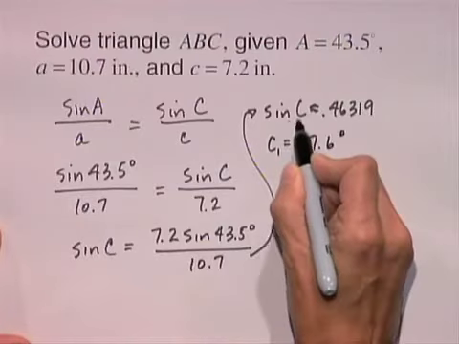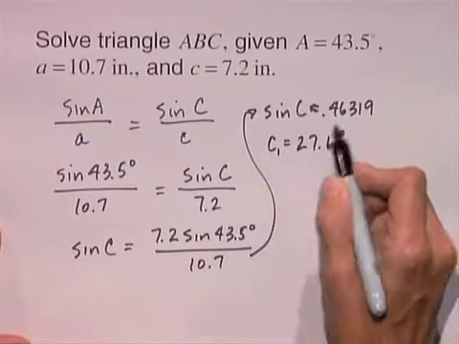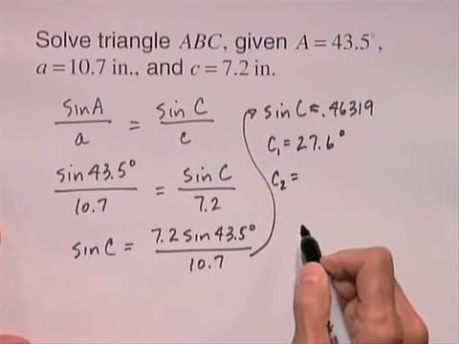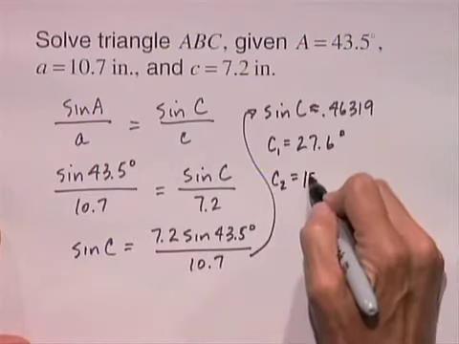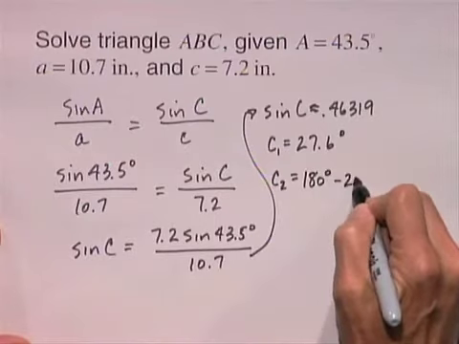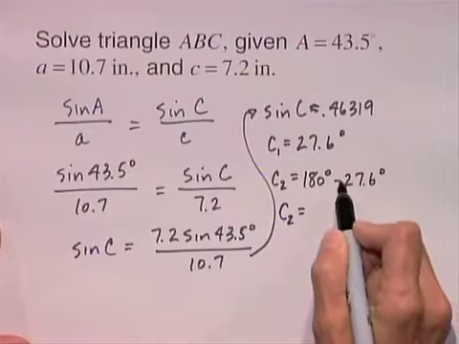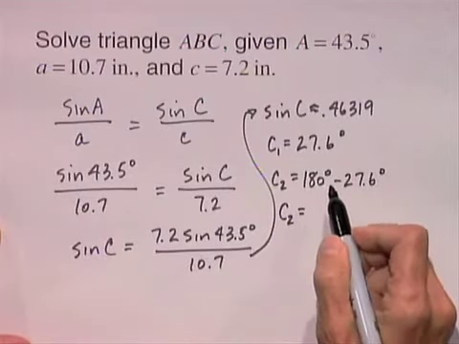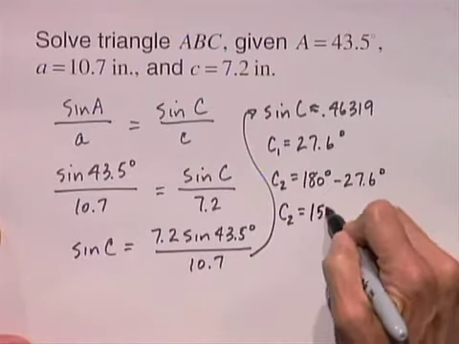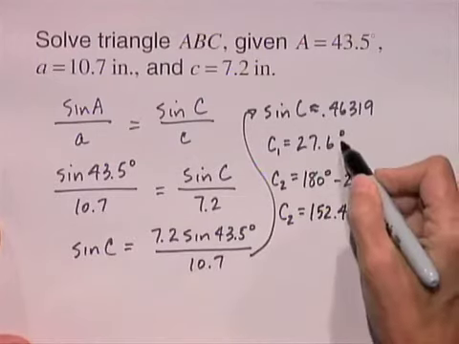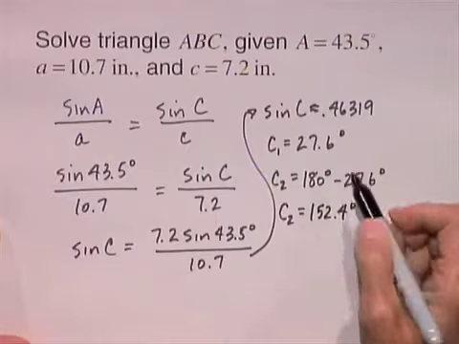A second angle that satisfies this statement is found by using 27.6 as a reference angle into quadrant 2. So finding 180 degrees minus 27.6, you get 152.4 degrees.